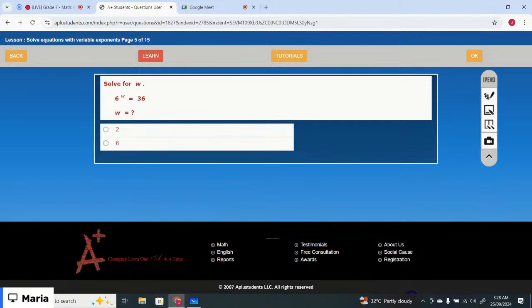Solve for W. So which is the correct option? The correct option is option number 1, that is 2.